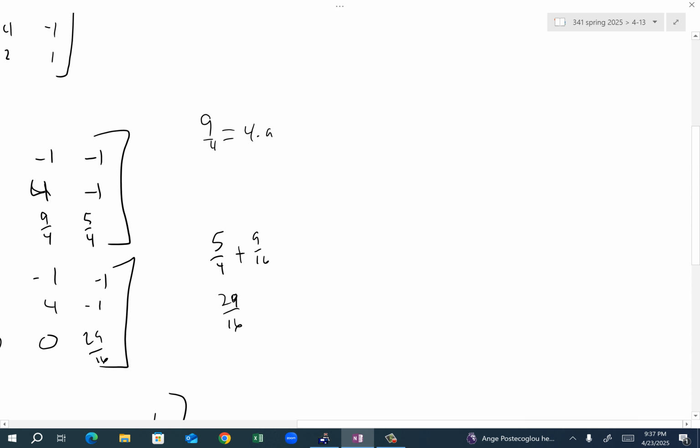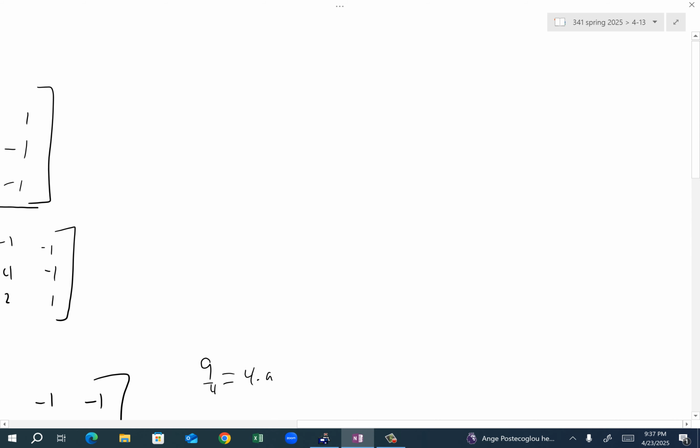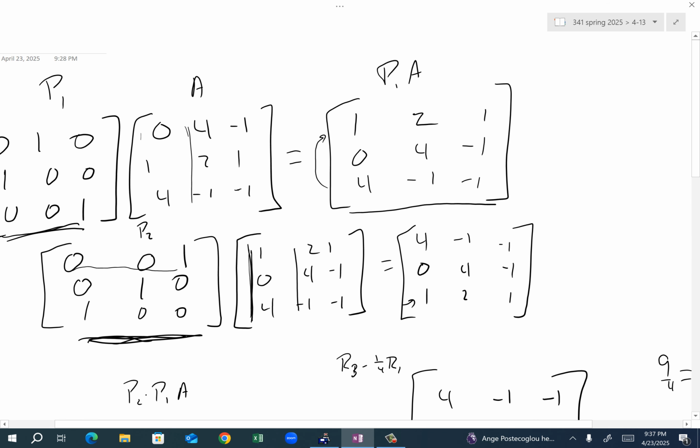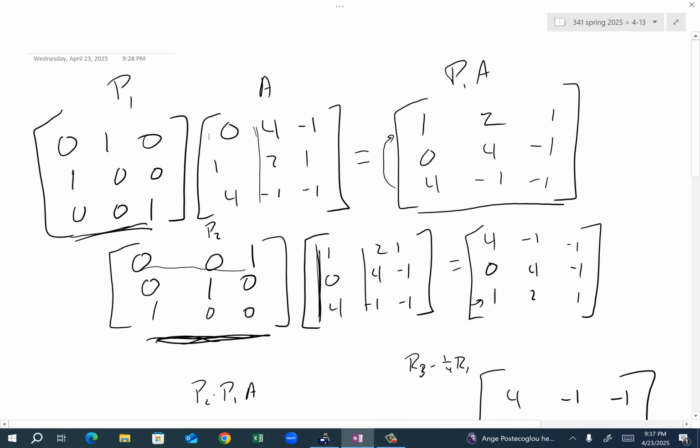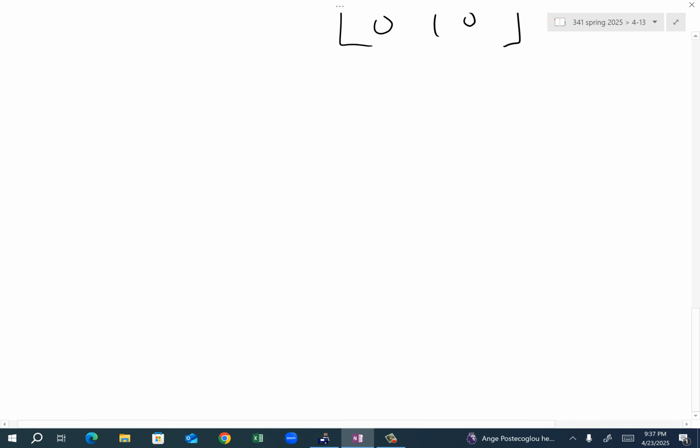Look at that: 0, 4, negative 1, 1, 2, 1, 4, negative 1, 1. And so what this is often referred to as is P transpose LU equals A.